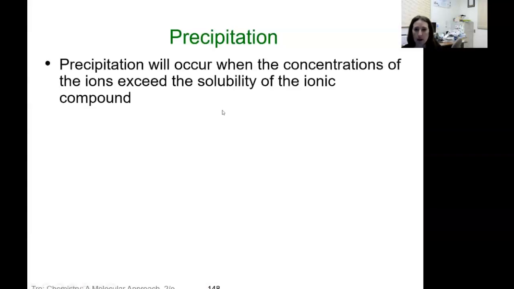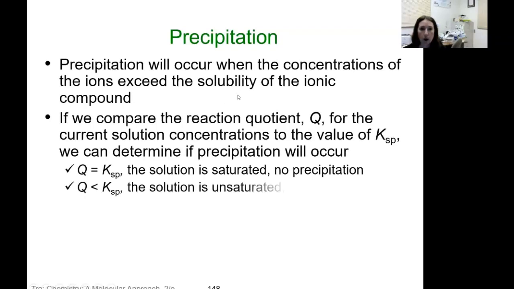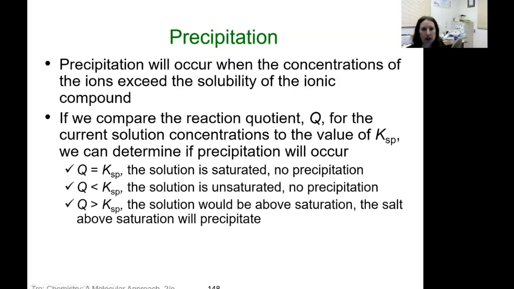Okay, so now precipitations. When we've done precipitations before, we learned about saturated, unsaturated, supersaturated, in 219 and maybe even in 209 or intro chem, depending on where you took it. This goes back to Q's and K's, so again, great review for your exam. Q means at any point in time in the reaction.